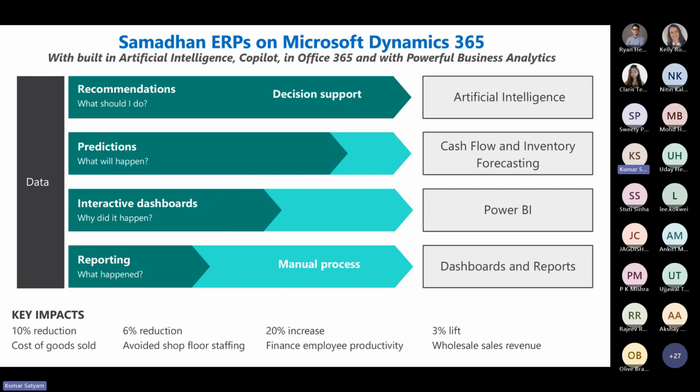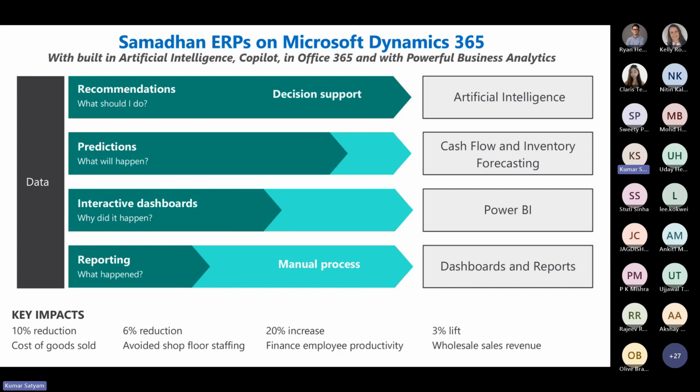Automated in the sense that the ERP now gives you recommendations based on what happened, why it happened, and what will happen. It will give you a recommendation as to what you should do as a business. That means your decision support is backed up by data and AI, and you become so much smarter.